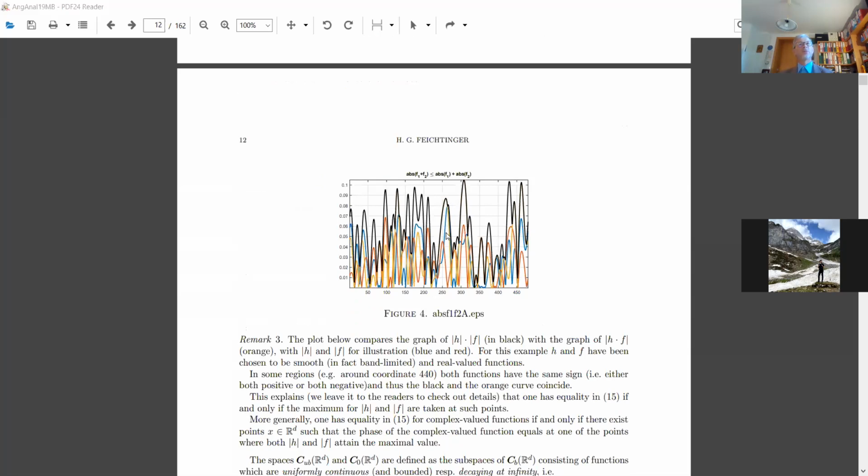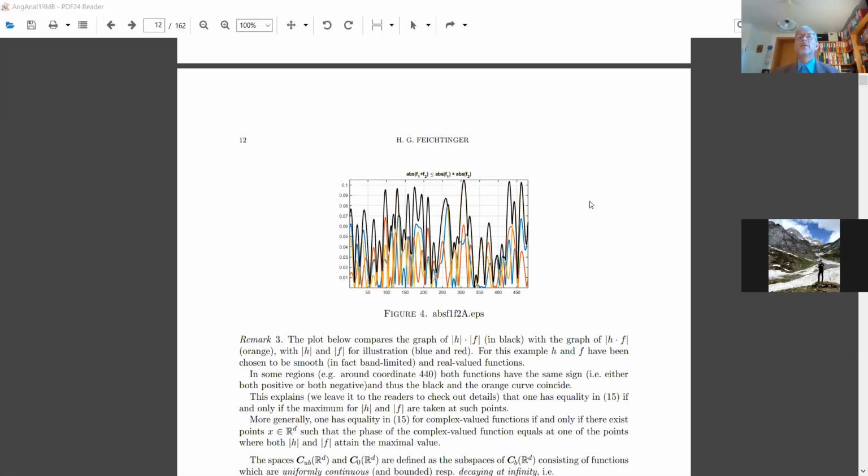Now it's clear if you think for a moment, well, when are they the same? Well, you see occurrences where you don't see anything blue. In some places the blue disappears under the black, and it's where both functions have the same sign. So the absolute value of the sum of two positive things is of course the same as the sum of the absolute values.